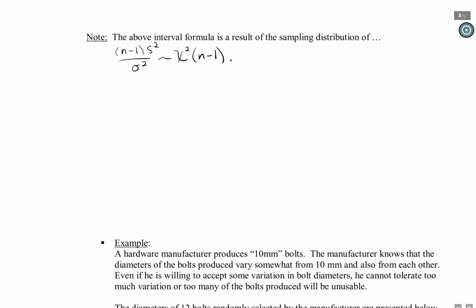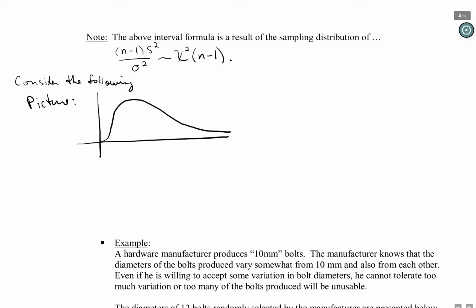Okay, so with that in mind, I want you to consider the following picture. Here I've got the chi-squared distribution. Now what's different about the chi-squared as compared to the t or the normal is that it starts at 0 and goes on to positive infinity. Now I'm going to pick off two chi-squared values.